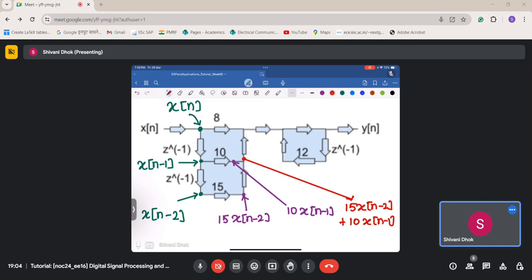Okay, so we have reached this point, and after that we are passing this information to this particular location.